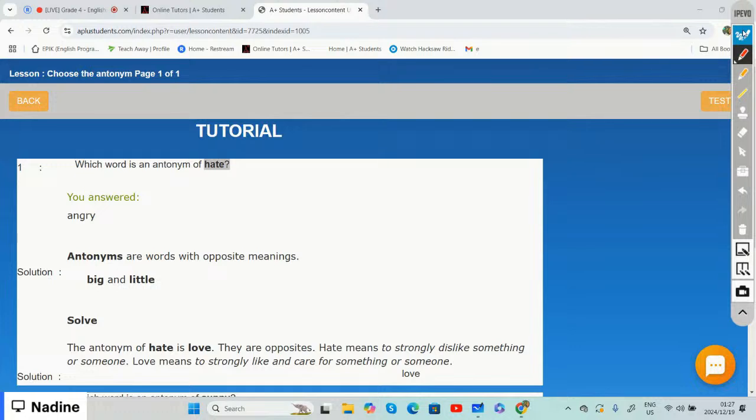Yes, and the opposite of hate is love. Because you either hate someone or something, or if it's the opposite of hate, then it means that you love someone or something. That's the opposite.